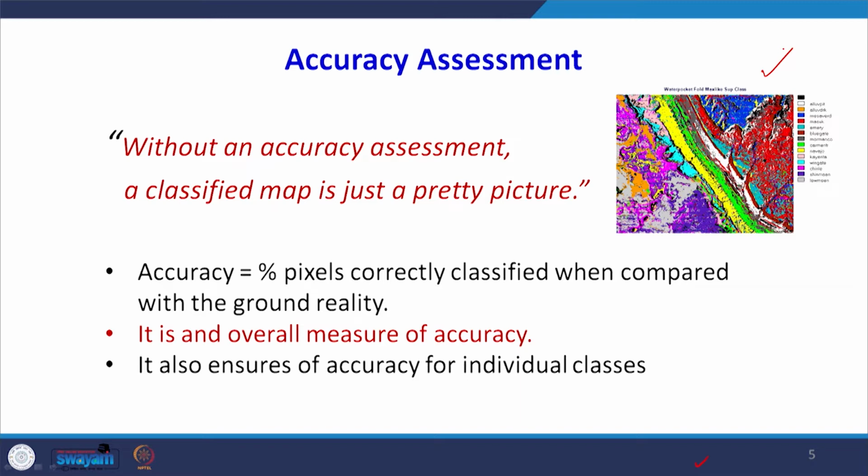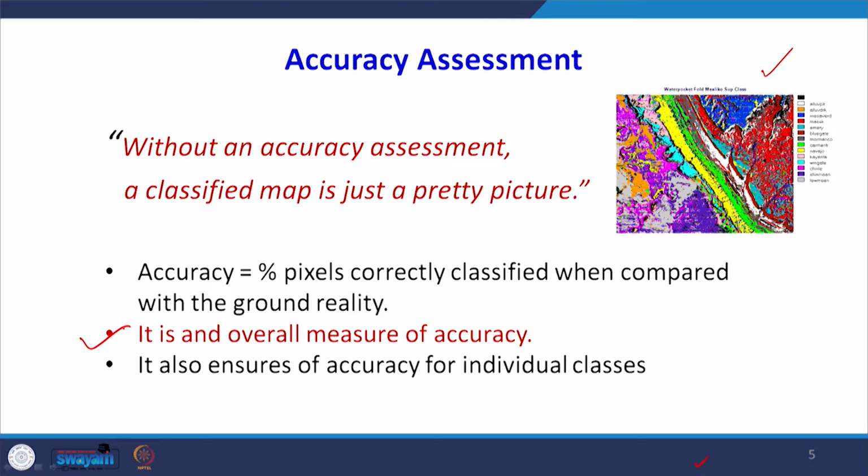So, we should have some kind of ground data, whether this is the output from supervised classification method or unsupervised classification method. Here the role of ground data or the reference data is very, very important, and this percentage of pixels which have been correctly identified is the measure of the overall accuracy of the map.